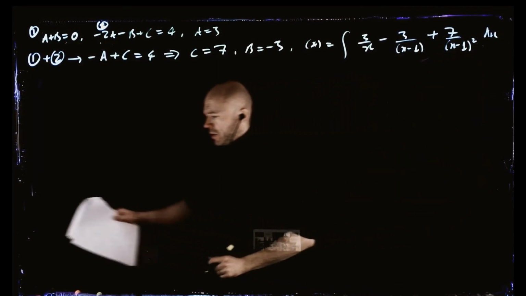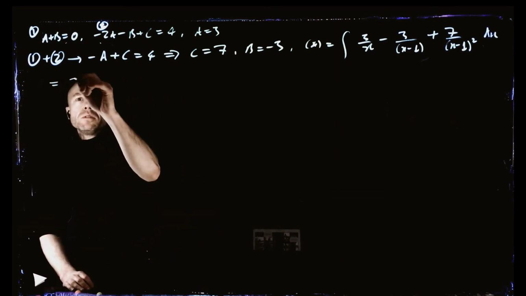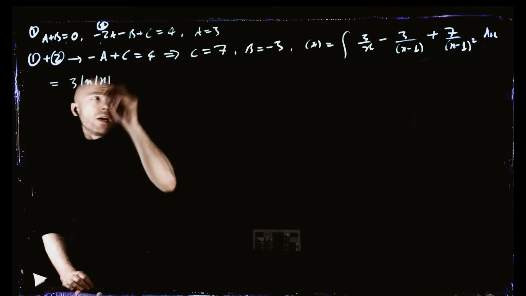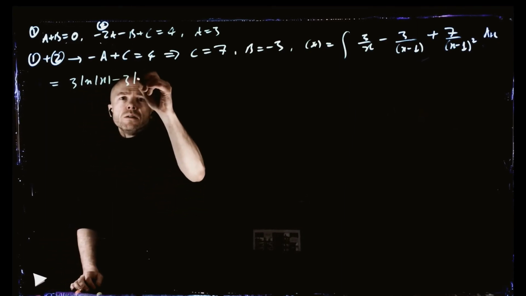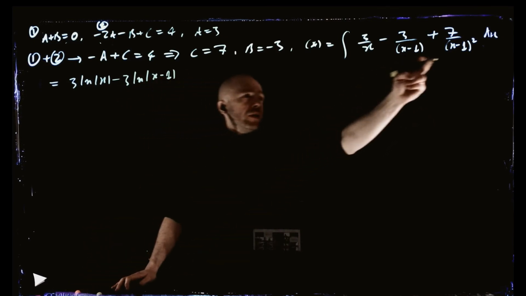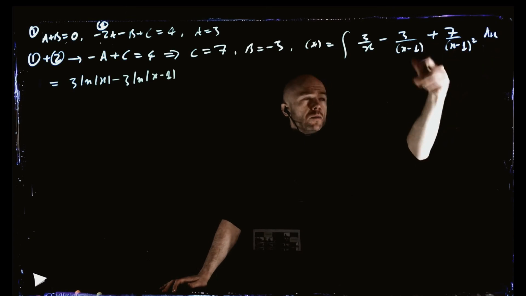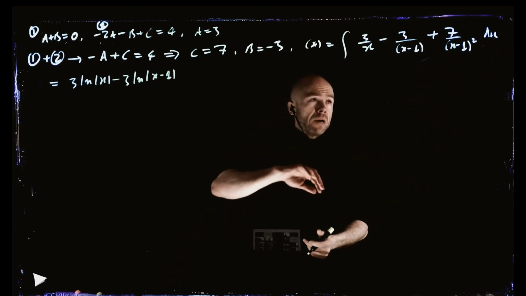And now we're fine, right? Because we can do this. So this is equal to 3 log of the absolute value of x minus 3 log of x minus 1. And then what do we differentiate to get this? If we differentiate x minus 1 to the minus 1, we're going to have the right power, but we'll have a minus sign in front.